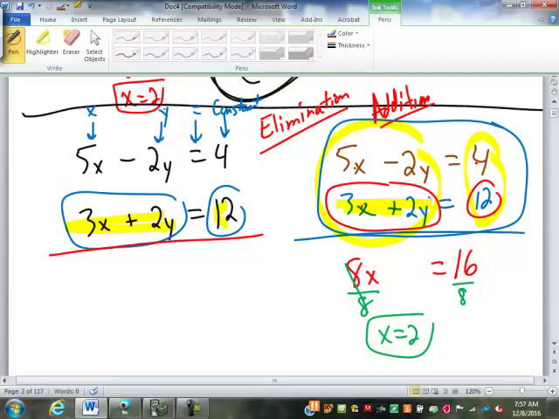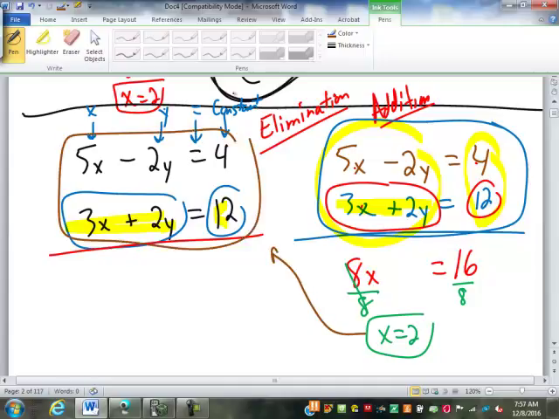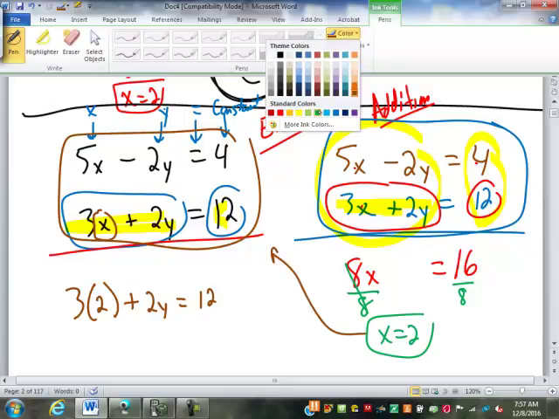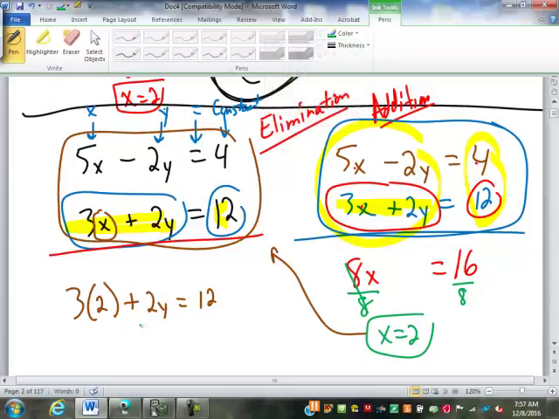Now, the payoff is I got to put that back into one of the original equations. And I don't have an equation that's already solved, so it's going to be a little bit more work. So I'm going to put x equals 2 in here. So 3 times x becomes 3 times 2 plus 2y equals 12. I can put it in the top one. I can put it in either one.